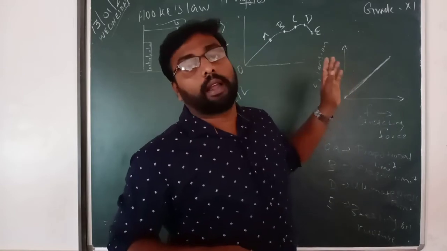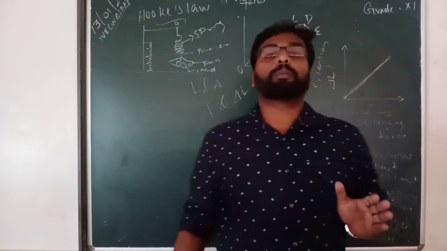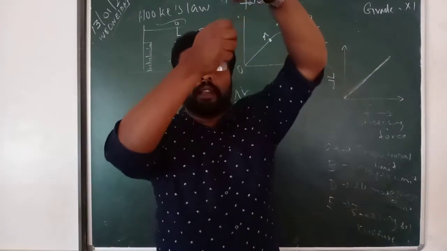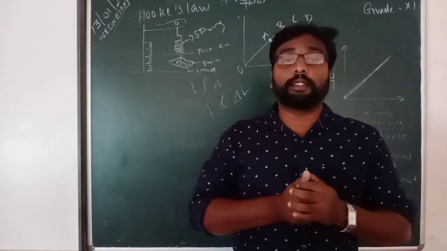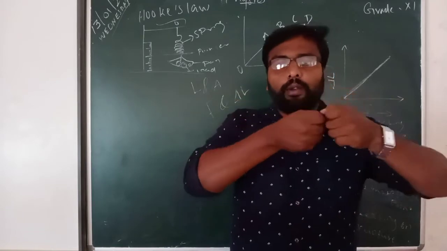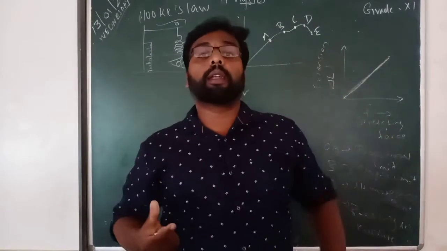Both are directly proportional, and it is inversely proportional to its cross-sectional area. When this spring is stretched more, its uniform cross-sectional area is changing. For example, when you stretch a rubber band, in some parts the area will reduce and in some parts the area will increase.